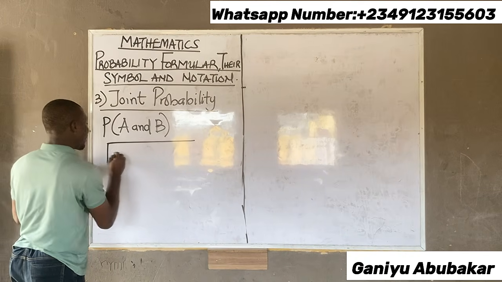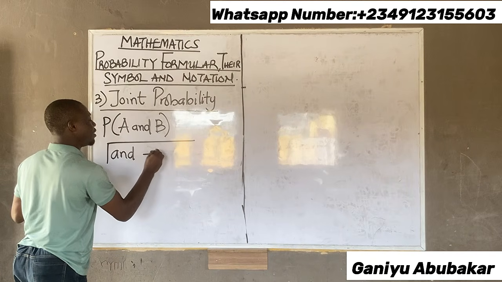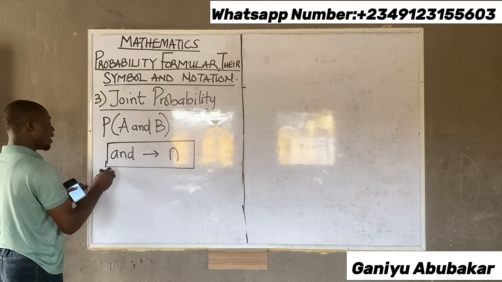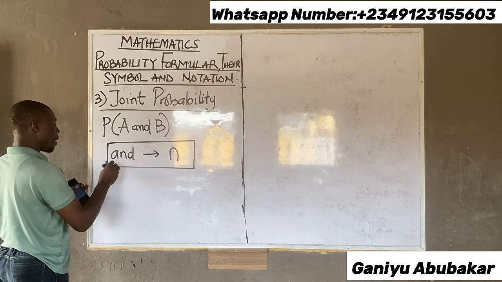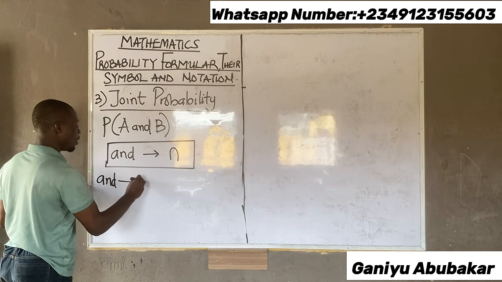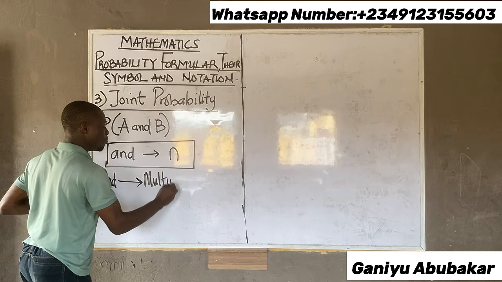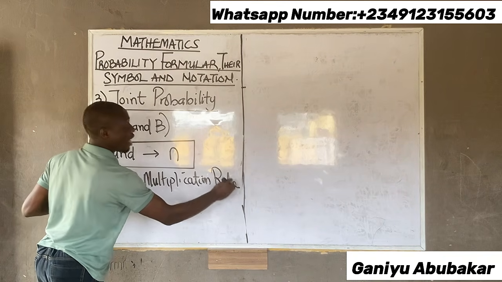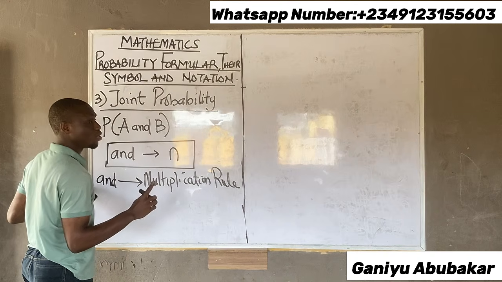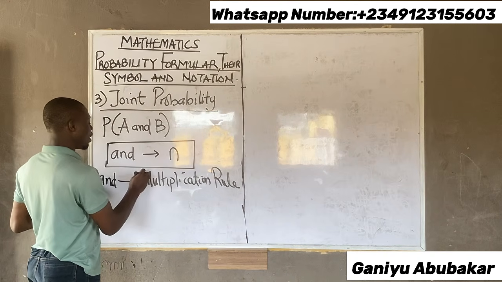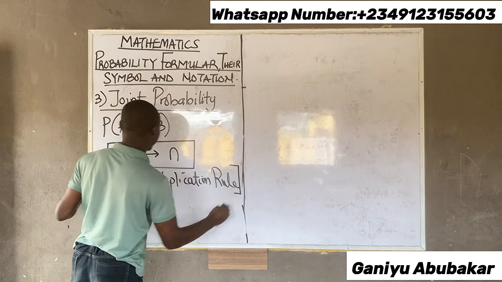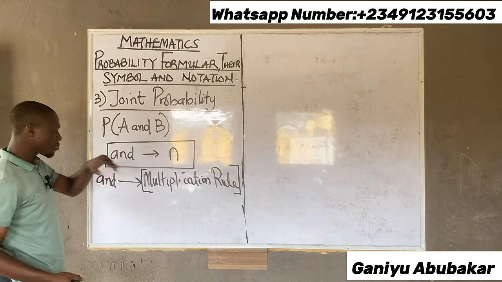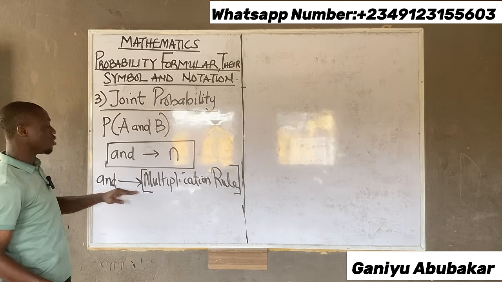Note that and and intersection work hand in hand. Connect and with the multiplication rule. The addition rule that we did initially has to do with or, and and has to do with the multiplication rule.